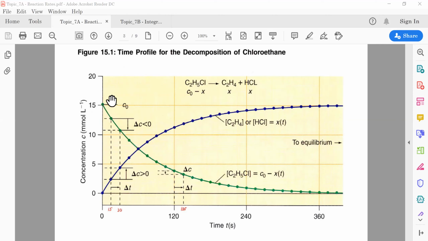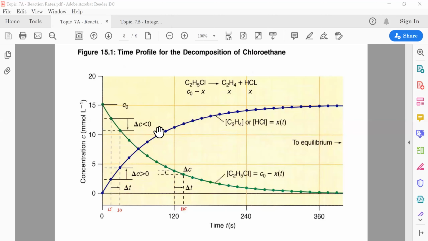Now what's shown here are two plots. One, the green one, refers to the concentration, not the rate, the concentration of the ethyl chloride reactant. As you can see, it decreases with time as you'd expect as it reacts away. And the blue line refers to the concentration or amount of both the ethylene and hydrogen chloride.